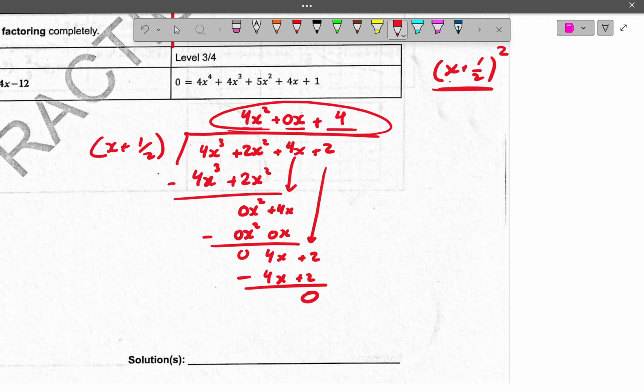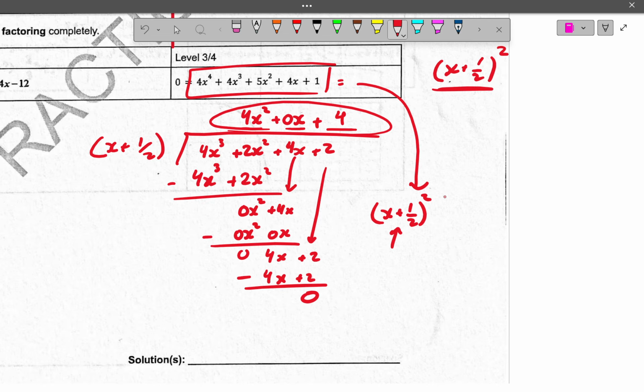So right now we started up here with all of this, and found that this is equal to x plus a half squared, because we found two factors that were x plus a half, times what we have on the top here, 4x squared plus 4. And I just got rid of that middle 0x because it's a 0.